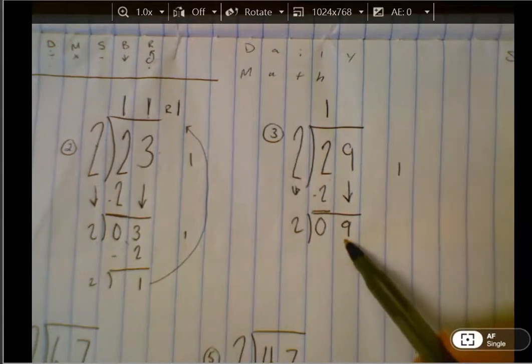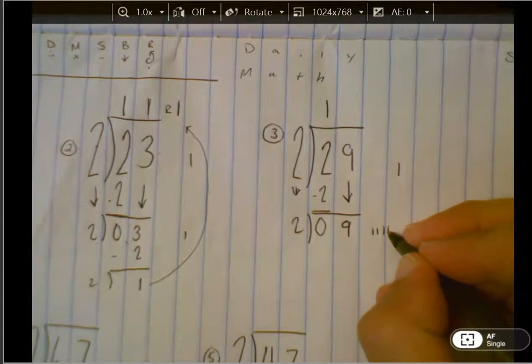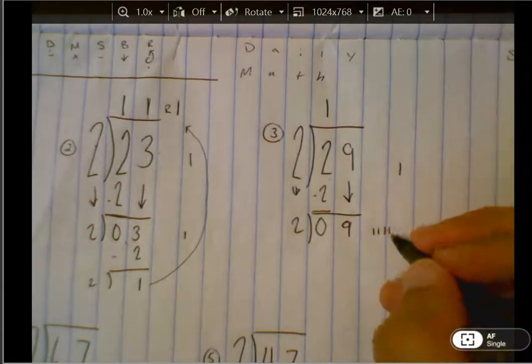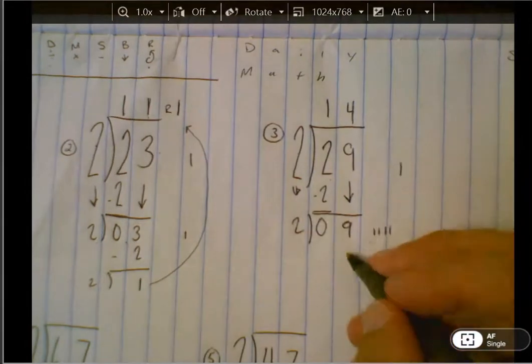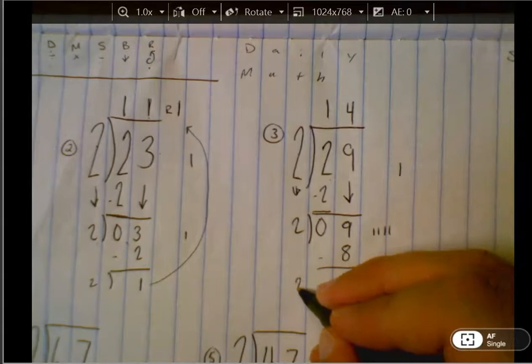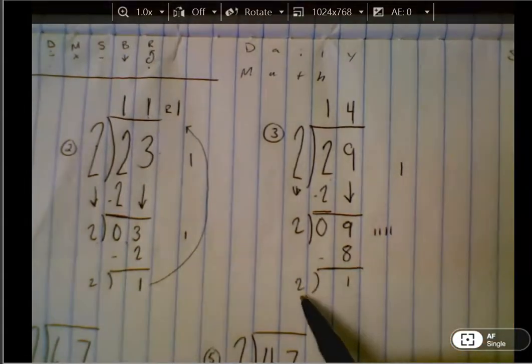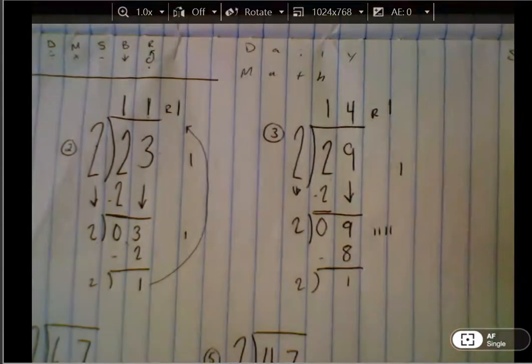Repeat because the 9 is bigger than the 2. 2, 4, 6, 8, and stop there. Here's 4. That 4 goes above the 9. 4 times 2 is 8. Subtract, you're left with 1. Bring down. This is my remainder because I can't break $1 between two friends. Remainder of 1.